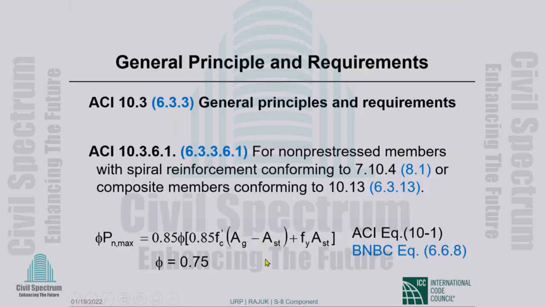Okay. So where there is steel, there is no concrete. And then we assume a uniform compressive stress of 85% of F sub C prime across the column section. So the concrete carries 85% of F sub C prime times concrete area, A sub G minus A sub ST, and the steel carries A sub ST, the steel area multiplied by steel strength.